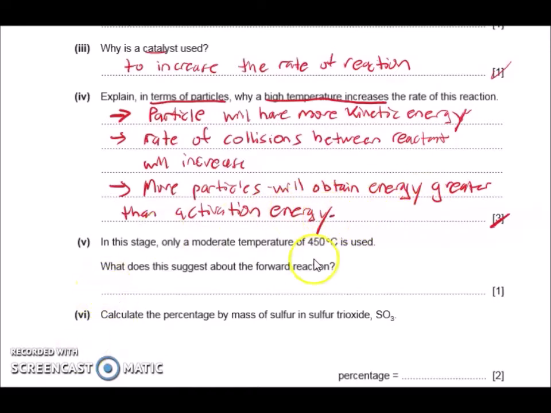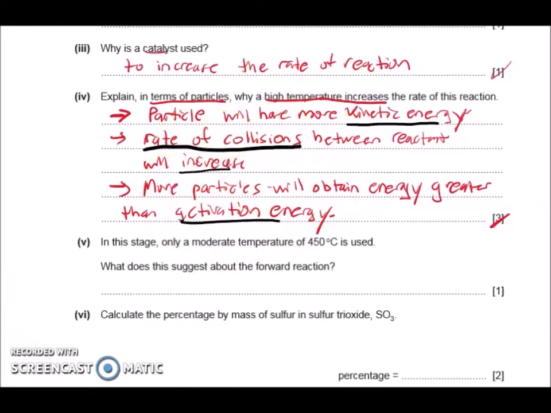Just bear in mind that this is the key point we need to have. The rate of collision will increase, the particles will have more kinetic energy, and more particles will have energy greater than activation energy. So these are the keywords that you have to understand in rate of reactions.